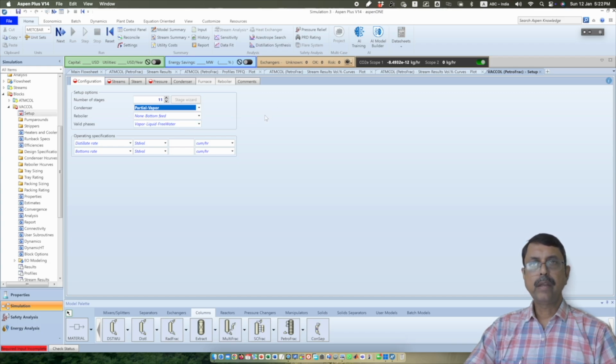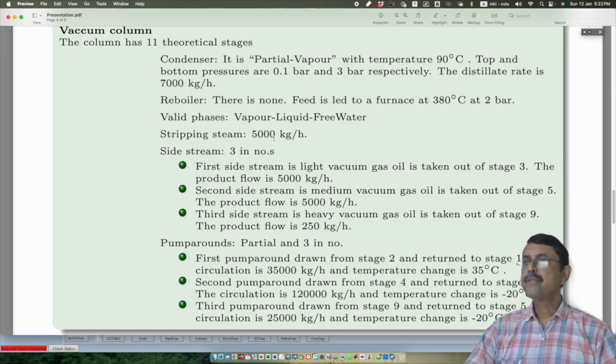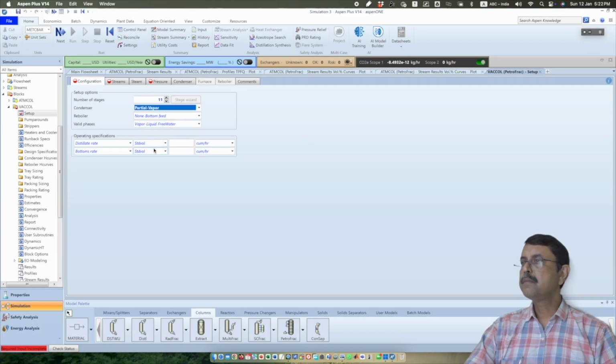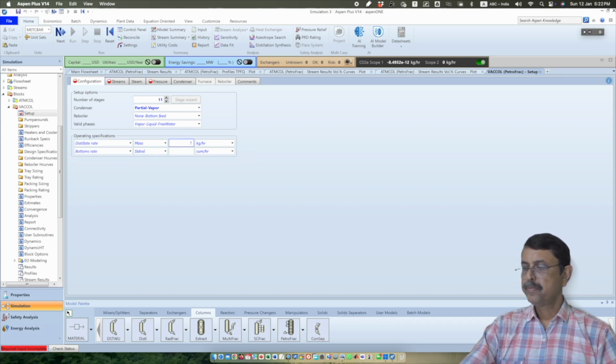There is no liquid distillate over here. There is no reboiler. What is the distillate rate? Distillate rate will be 7000 kg per hour of vapor. So it is 7000 kg per hour of vapor that we have to provide.